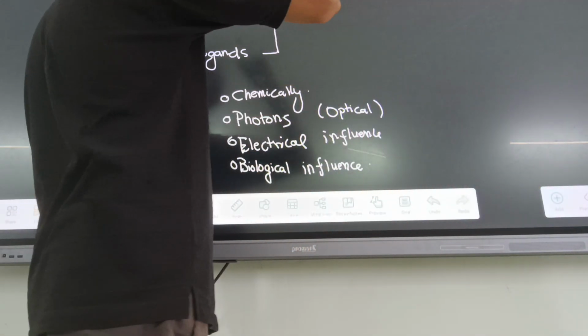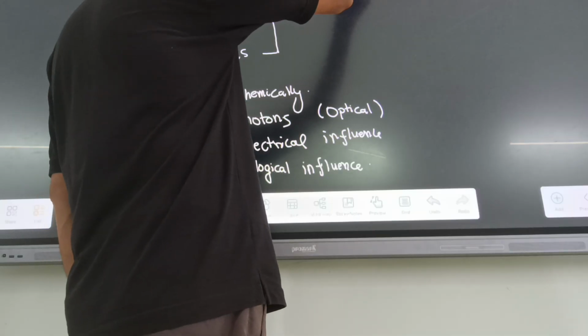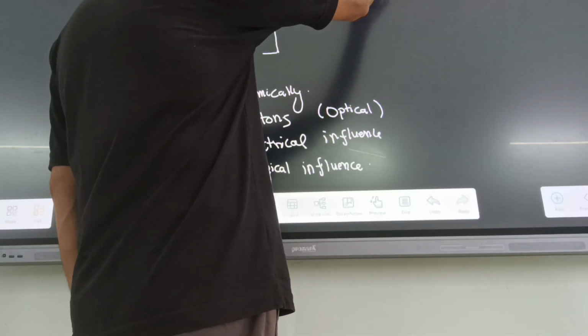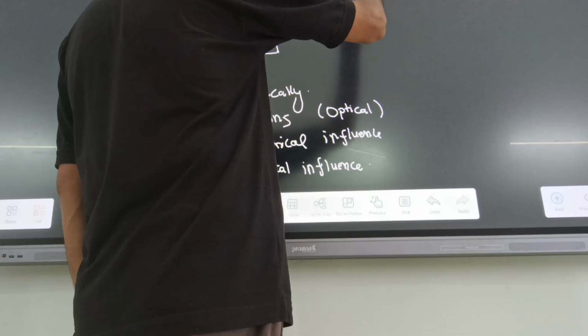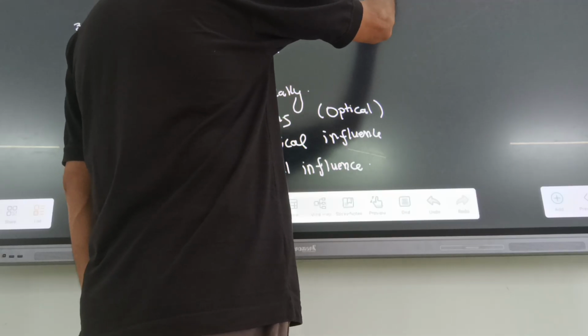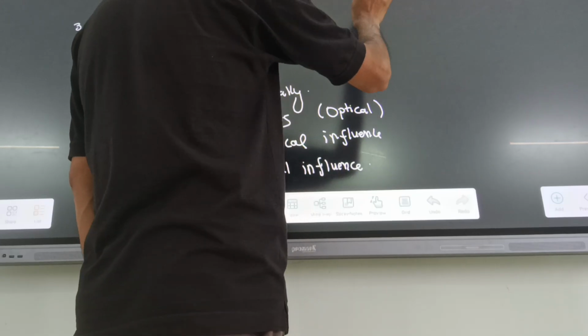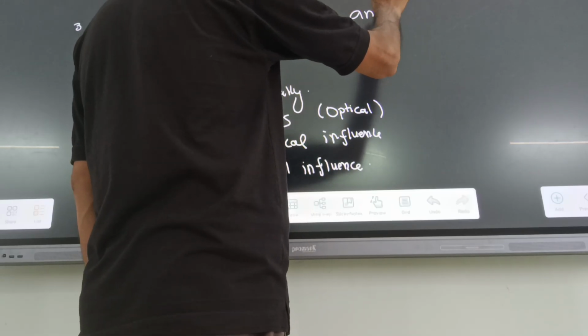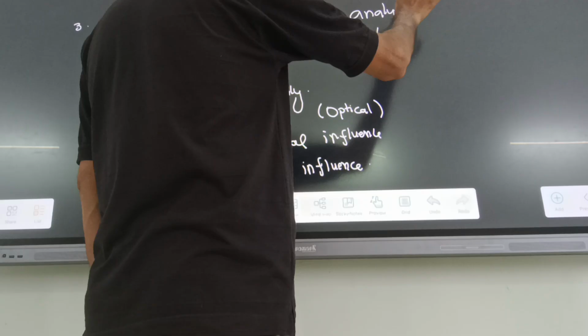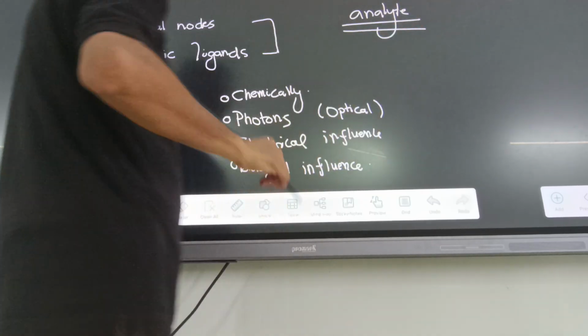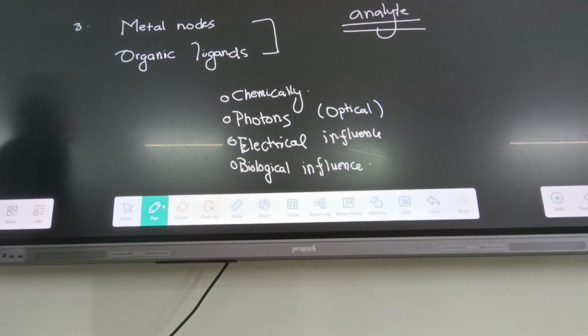Secondly, they can trap or accommodate the analyte, मतलब जिसका हम लोग सेंसिंग कर रहे हैं, the one that is getting sensed, उसको हम लोग बोलते हैं एनालाइट. तो मेटल ऑर्गेनिक सेंसर्स का बहुत जगह इस्तेमाल होता है.